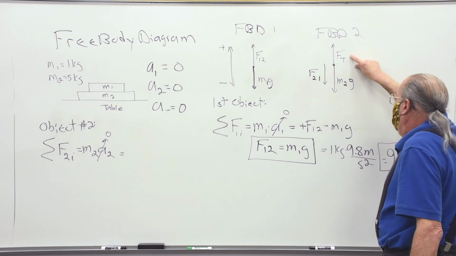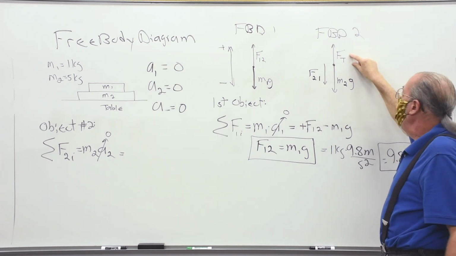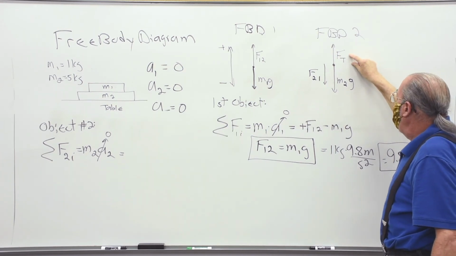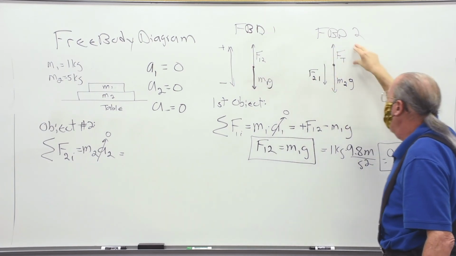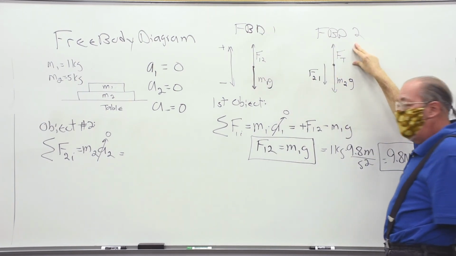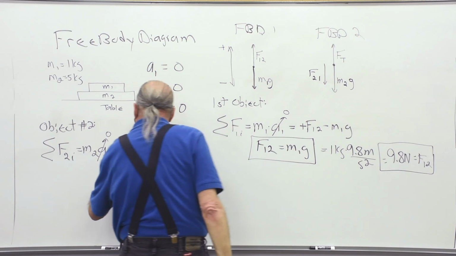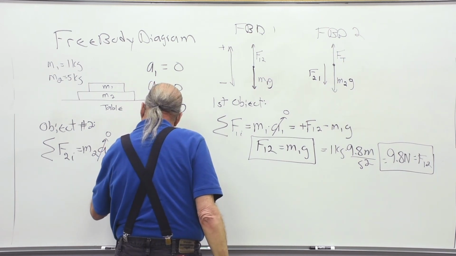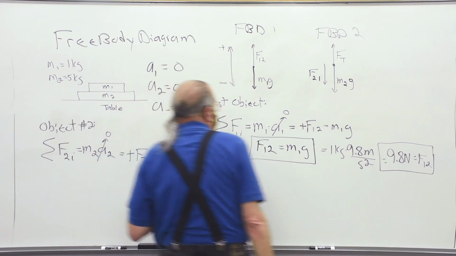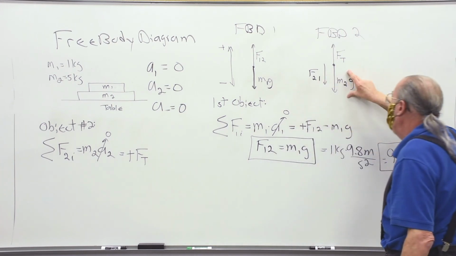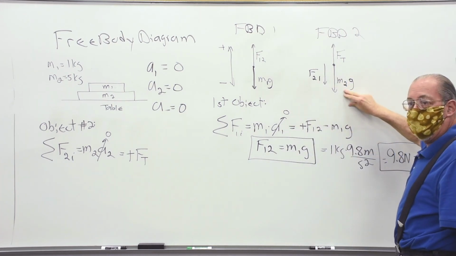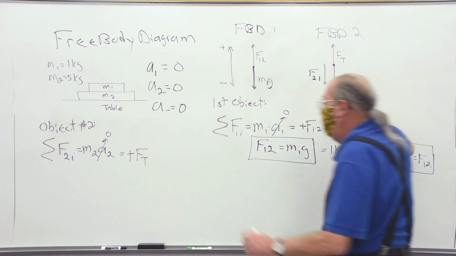Ft is the component of that. Now it's lined up with the axis. Is it plus or minus Ft? It's a plus Ft. All right. What about gravity? Positive or negative? Negative.